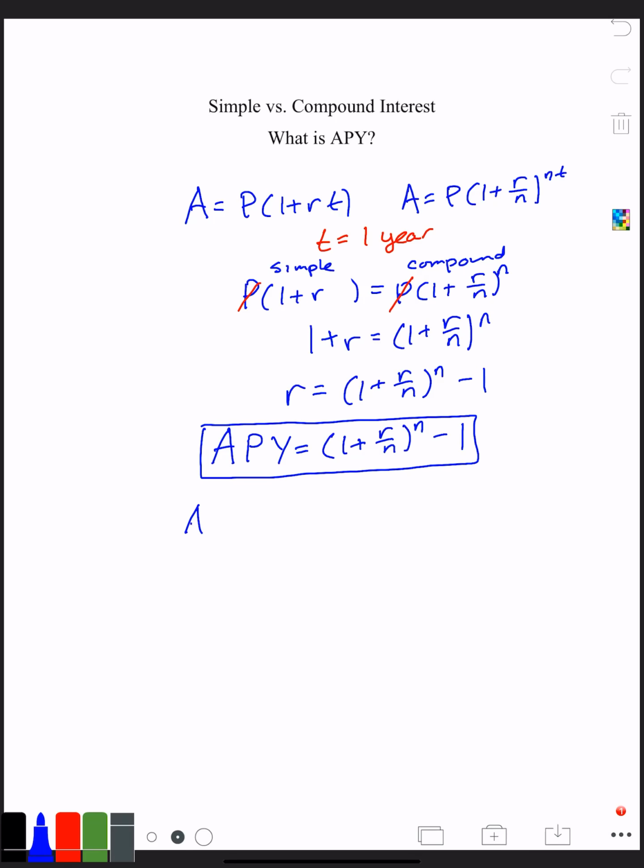And APY stands for annual percentage yield. What that means is what percent you actually gained or lost total at the end of the year. And this formula will allow you to get the answer for any of those problems that is asking you to compare compound with simple.